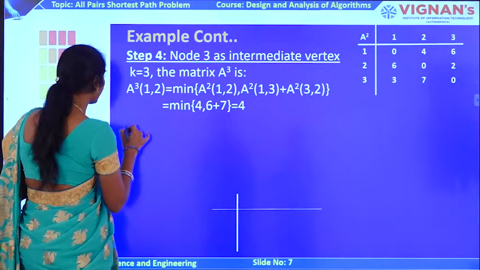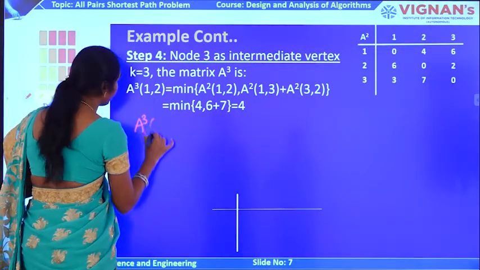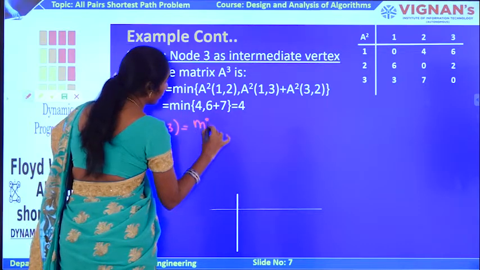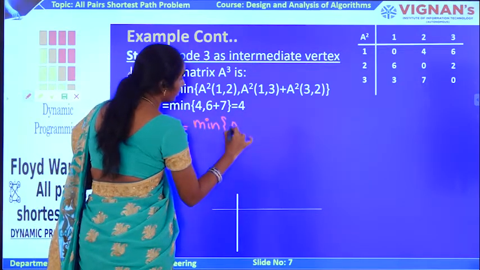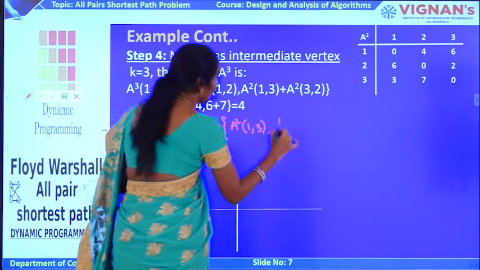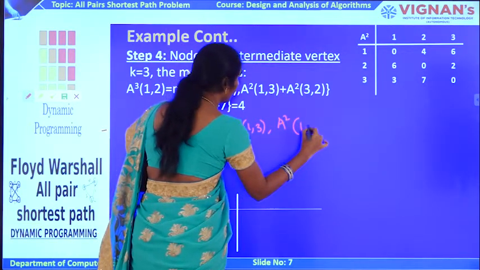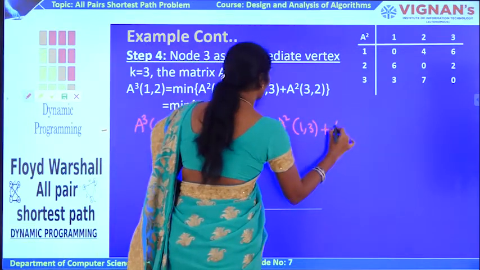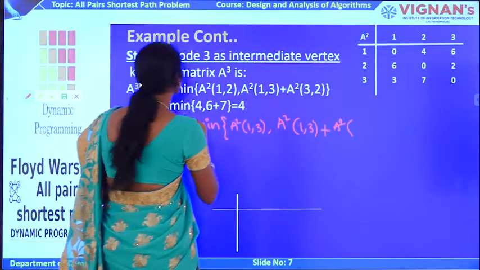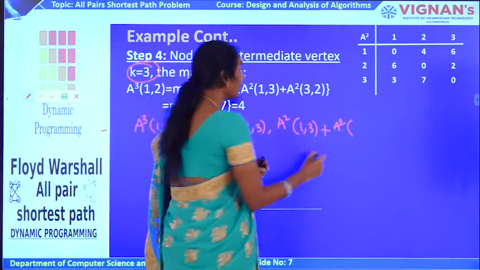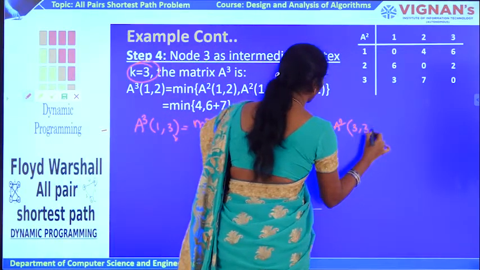Now let us consider the next value, a3 of 1 comma 3. So a3 of 1 comma 3 will be equivalent to minimum of a2 of 1 comma 3, comma a2 of 1 comma 3 plus a2 of 3 comma 3, because here we are considering the intermediate vertex as 3.